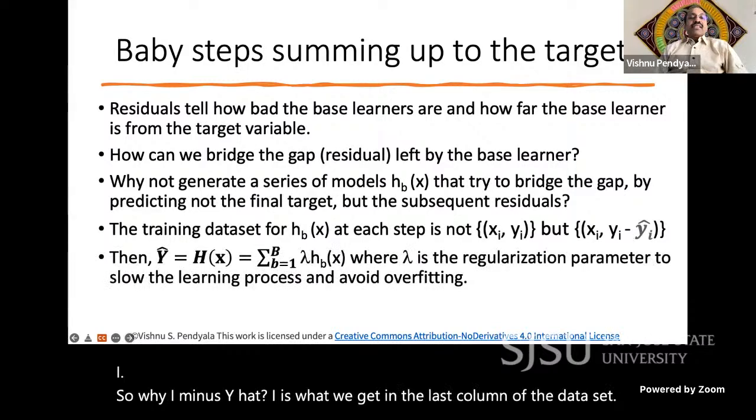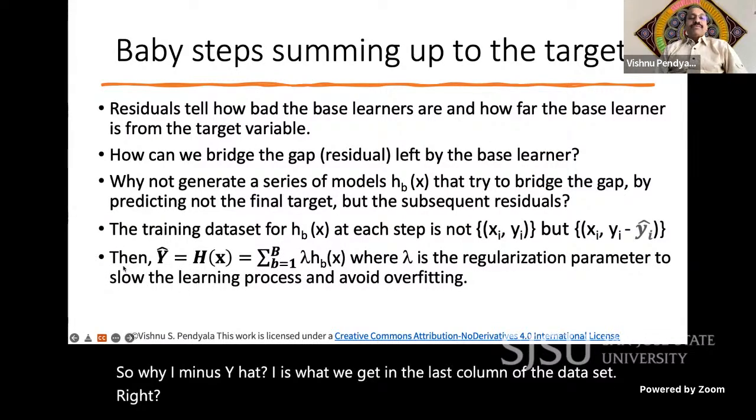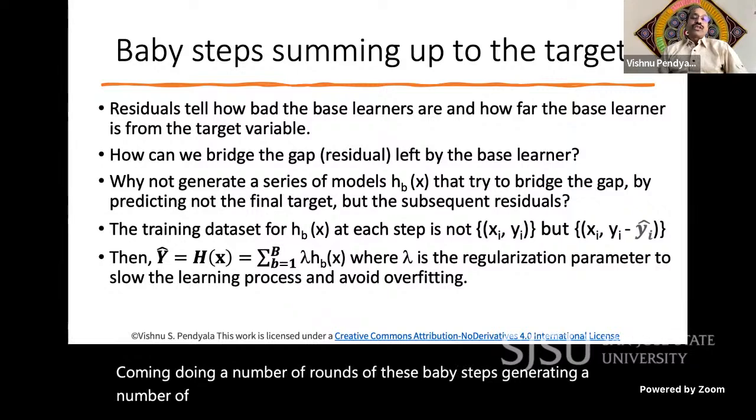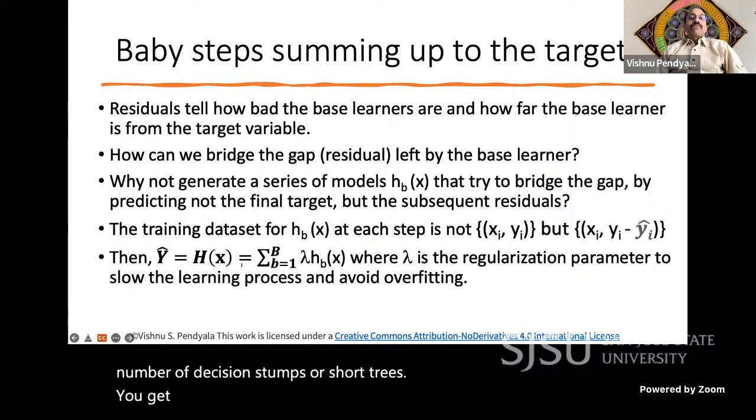So eventually, after doing a number of rounds of these baby steps, generating a number of decision stumps or short trees, you get the final prediction by summing up the predictions of the models, right?